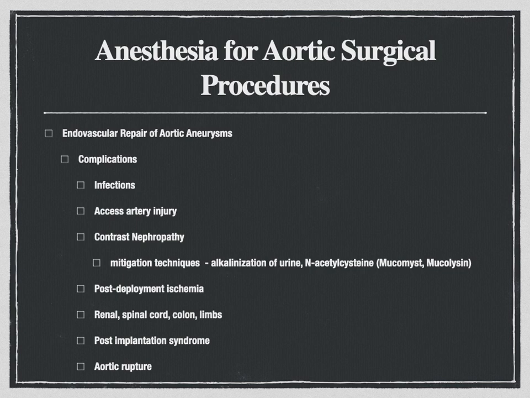You can have post-deployment ischemia if you happen to get over a vessel, an accessory vessel coming off of the aorta. Renal, spinal cord, colon, limbs can be affected depending on where that deployment occurs.